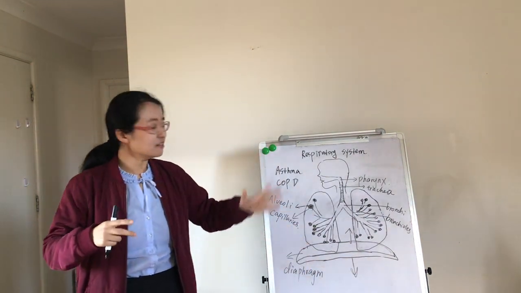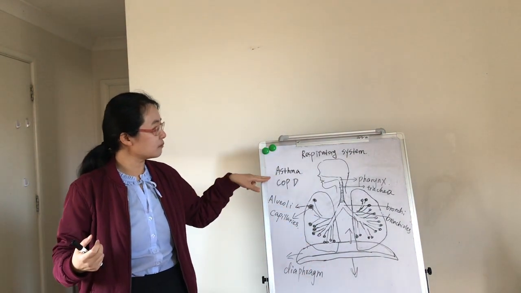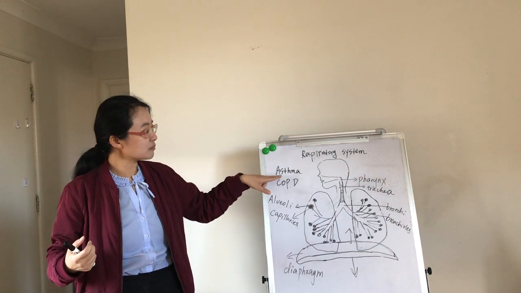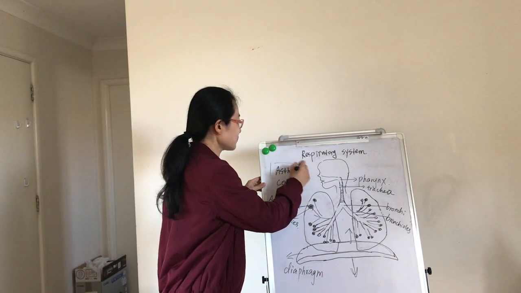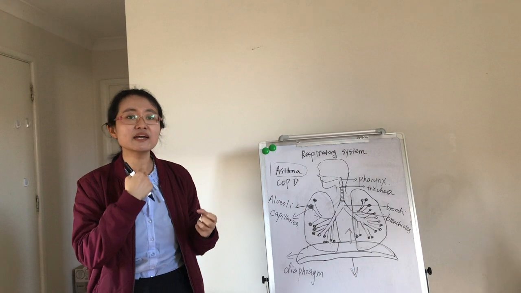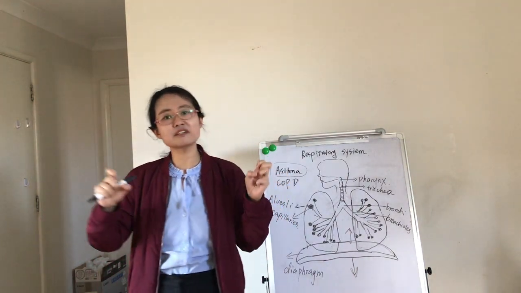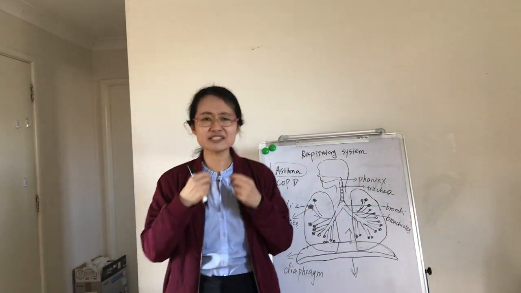So let's then further talk about these two respiratory problems. The first one is asthma. So what is asthma? Asthma is actually an airway allergy. For certain people, their airway is very sensitive.